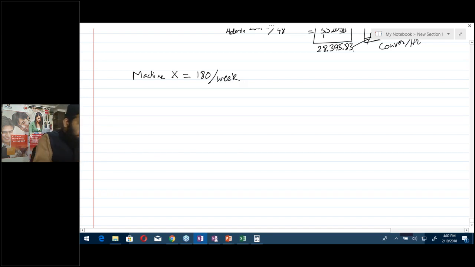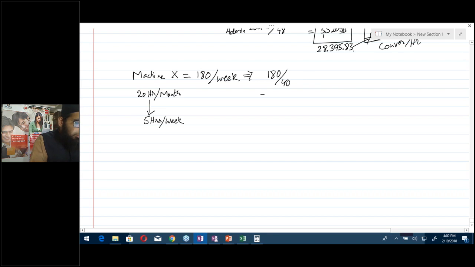Now, in the data, we have also been told that 20 hours per month can be lost. Now, there are 4 weeks in a month. So if I divide it by 4, then it means 5 hours per week. Now 180 units can be produced in the whole week, that is 40 hours.